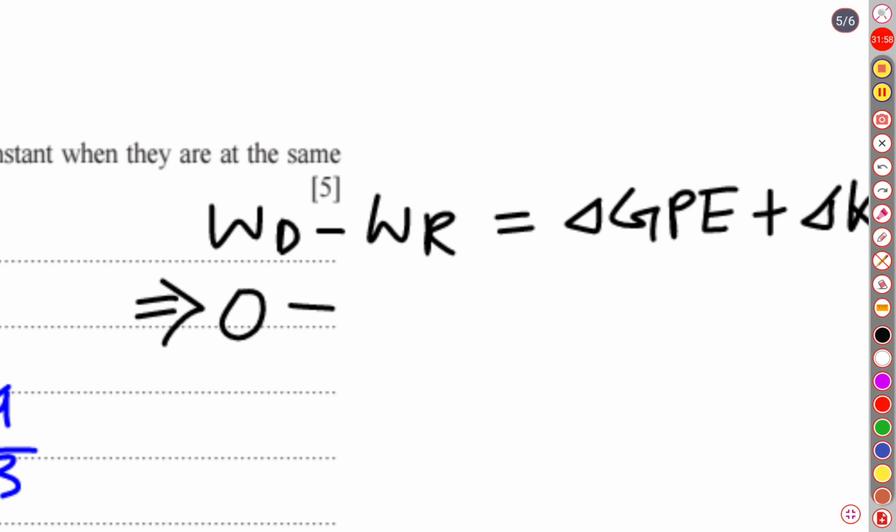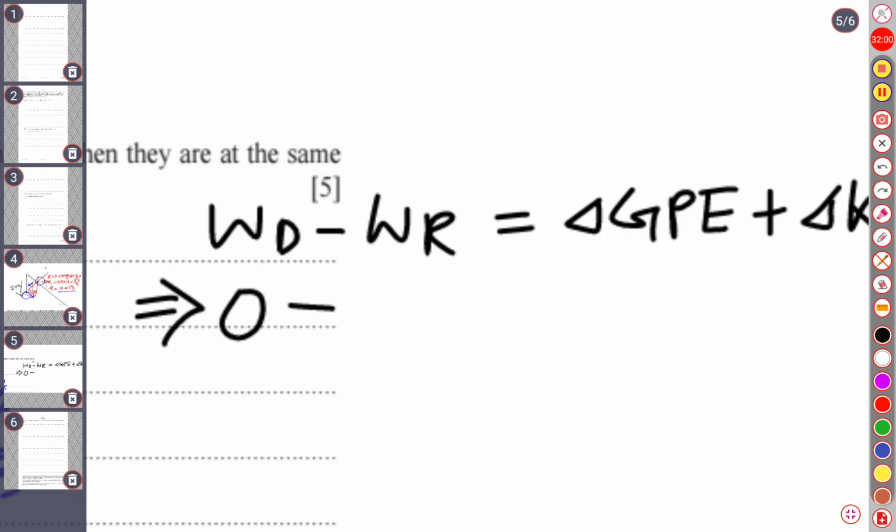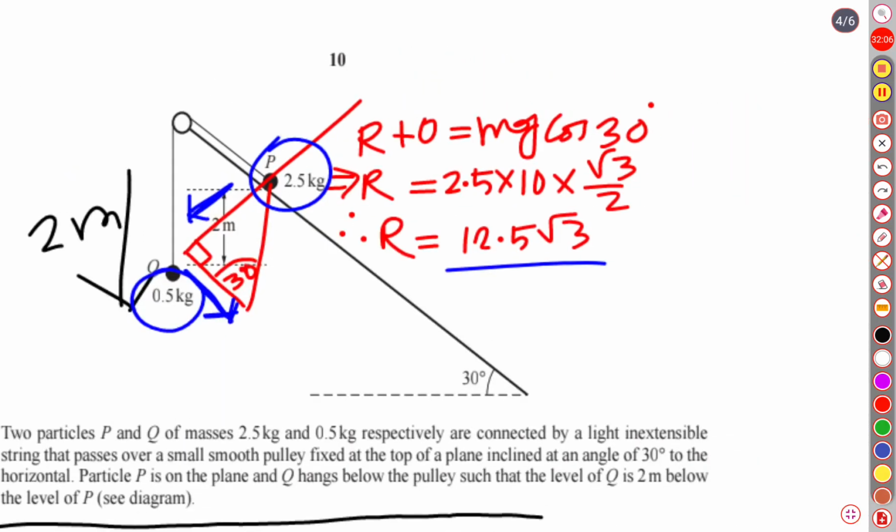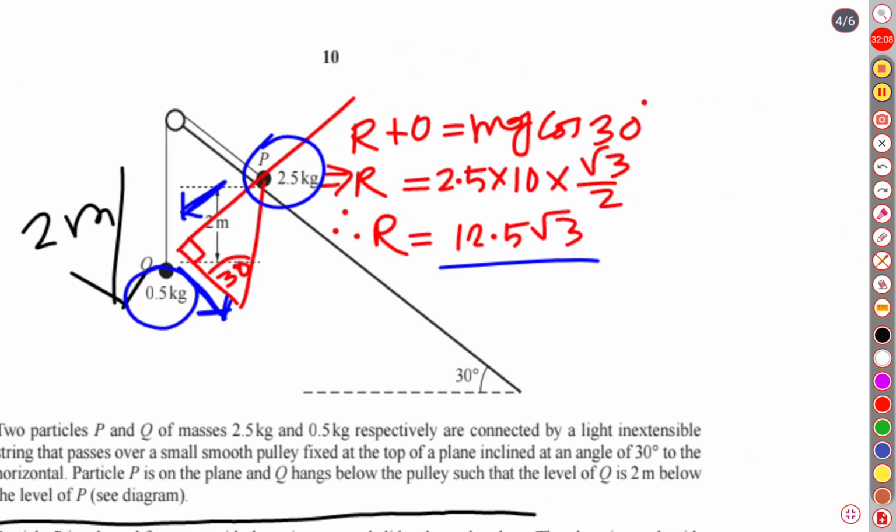On Q there may be no resistance force. Q is just hanging down, so only weight is there. Weight has already been dissolved through change in GPE.